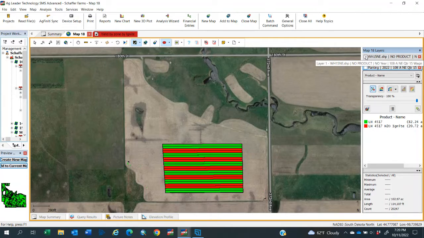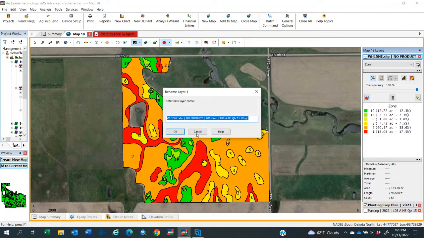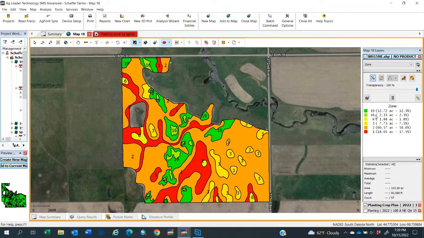This is also a management zone field. So these are the soil types. We again have zone 1 and zone 2, 3. We don't have any zone 4. We have a zone 6, which is a swale position lower in the landscape, can be too wet to plant and can get lost if it rains too much.